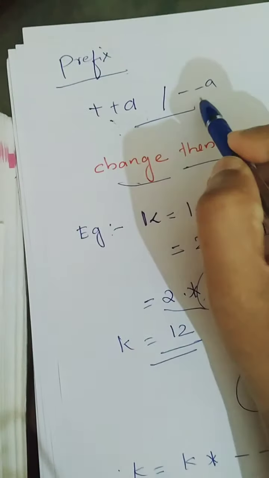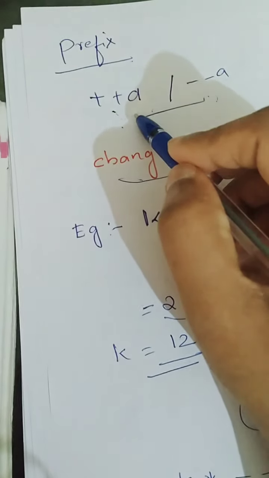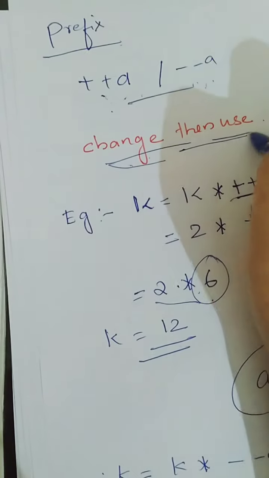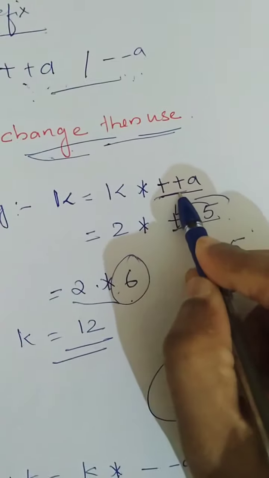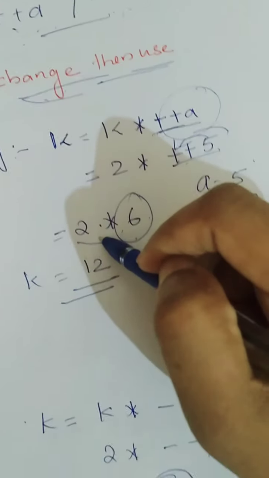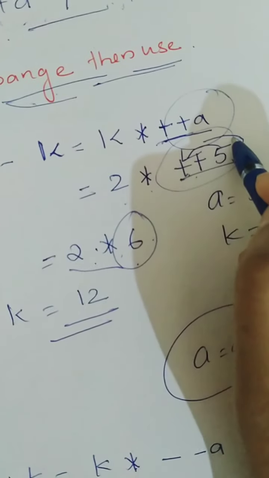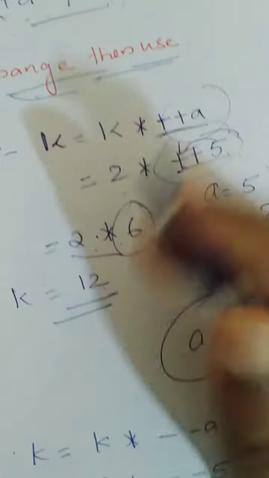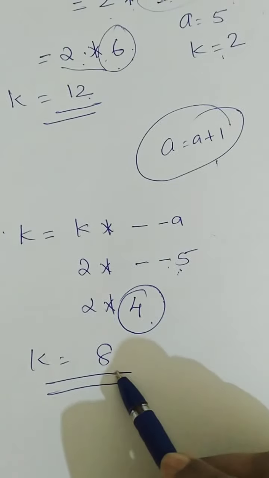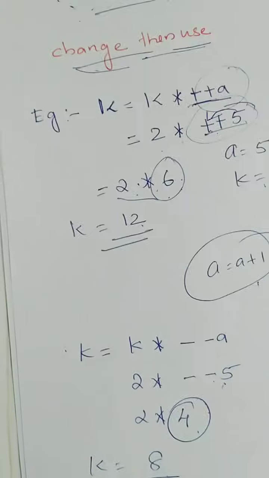Here the operator comes in front, so I changed the value of a to 6 and only then calculated. First it was 2 into plus plus 5. I changed the value 5 into 6 and only then made the calculation. Here also the same, I decremented the value to 4 and only then made the calculation. So its rule is change and then use.